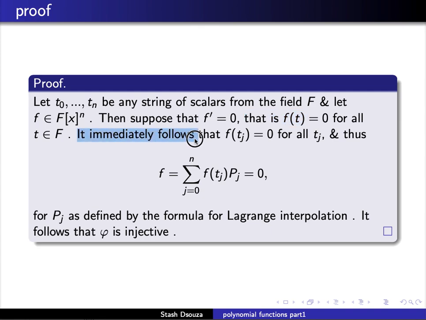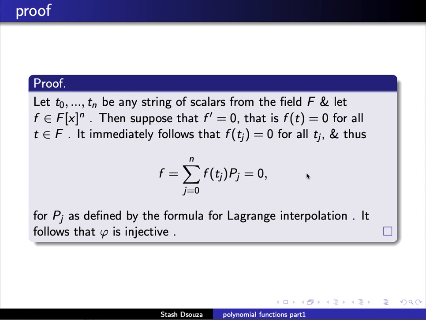It immediately follows that f evaluated at t_j also vanishes for all t_j, and thus f as a linear combination of the p_j's must have coefficients f of t_j, and f of t_j is nothing but 0.